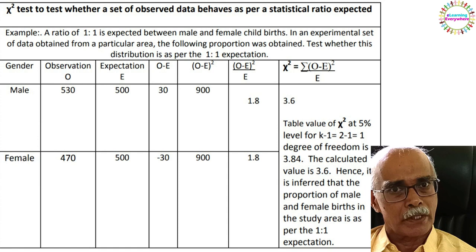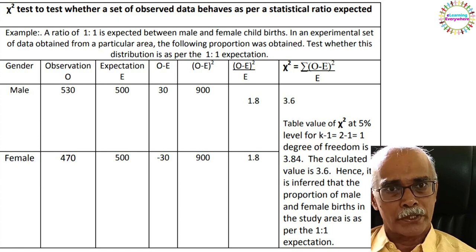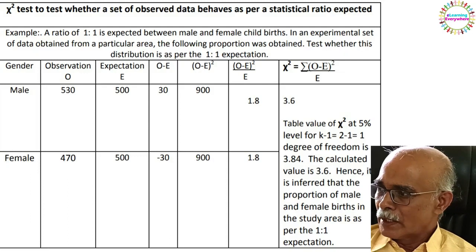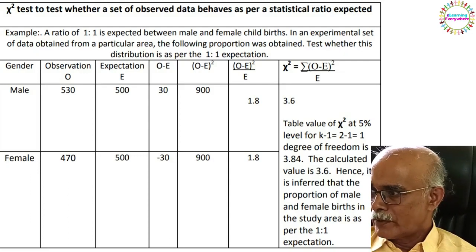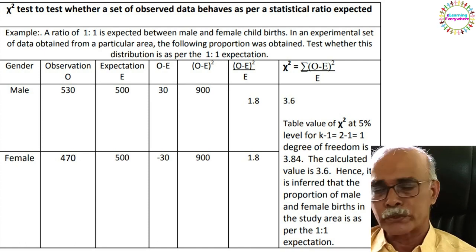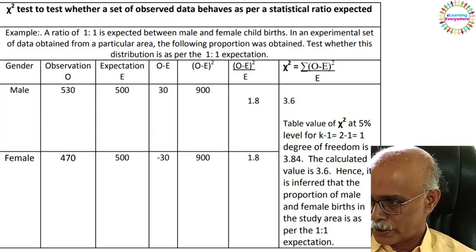That's your expectation, and that expectation is based on the probability theory also. So you are given an experimental result here. In an experimental set of data obtained for a particular area, the following proportion was obtained. Test whether this distribution is as per the 1:1 expectation.